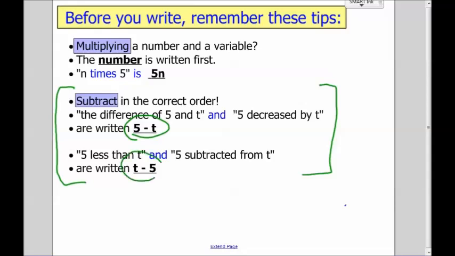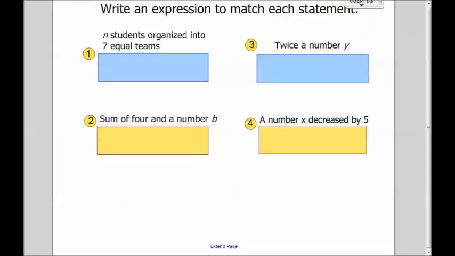This here is t decreased by 5, or t minus 5. 5 subtracted from t. This is t subtracted from 5. I'll say it again. This is 5 subtracted from t. This is t subtracted from 5. You have to be careful with these subtraction ones. It's tricky. Just take your time. You'll be fine. Okay, let's practice some.